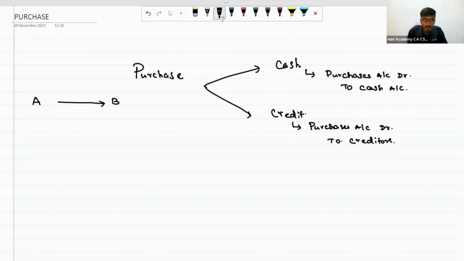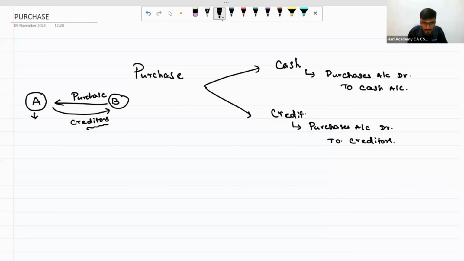A is purchasing from B. From A's point of view, B will be a creditor.